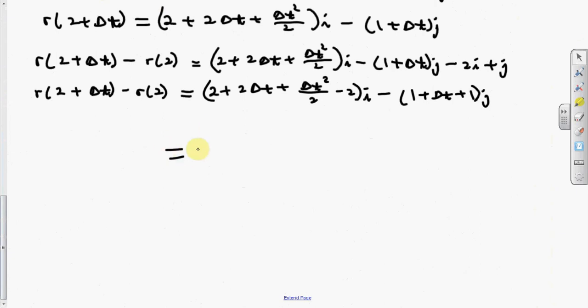And so we end up with the 2's cancel there, so this is just 2 delta t plus delta t squared over 2 times i, and then this is just minus delta t j.